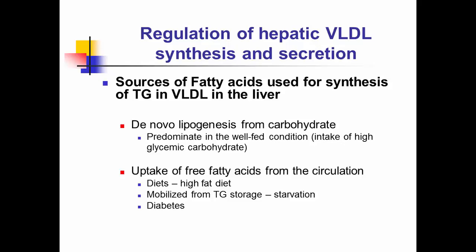Second, fatty acids can be mobilized from triglyceride storage, which occurs during starvation. During starvation, we also have a lot of fatty acids in the circulation that can be picked up by the liver to synthesize triglyceride and pack it into VLDL. And last is the diabetic condition.